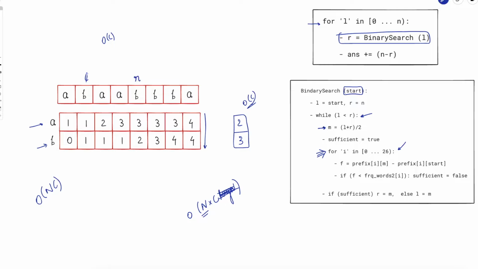Why? Because let's say for this L you got this R. What that means is if you start from here, this is the first place where every character that you need in words exists. Now when you increment your L, will your new R ever be less than the previous R?